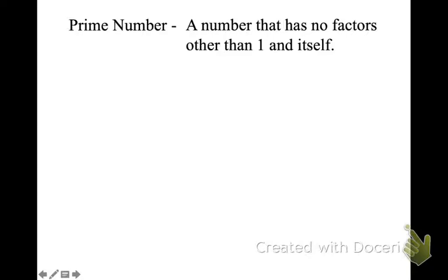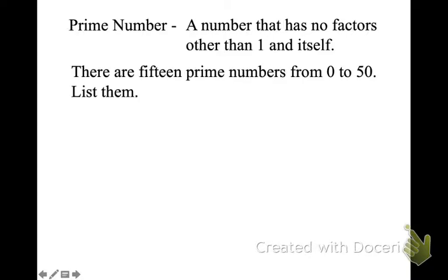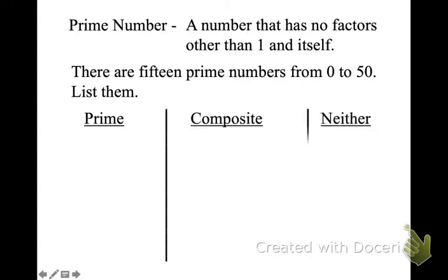Okay, a prime number has no other factors than 1 and itself, so like 7, 11. So let's go through our numbers. 0 and 1 are neither prime nor composite.